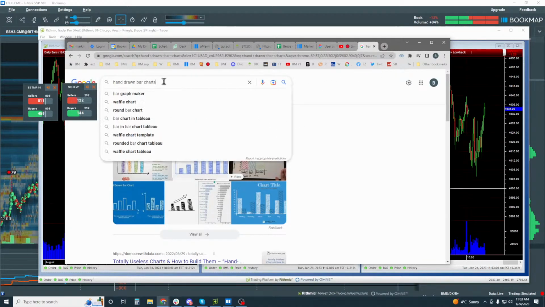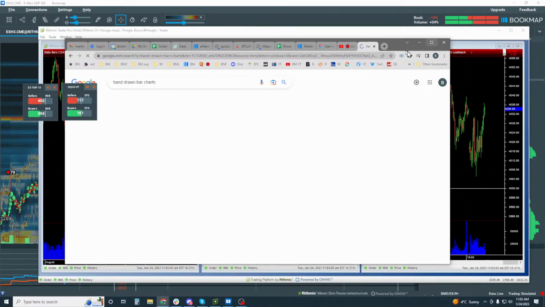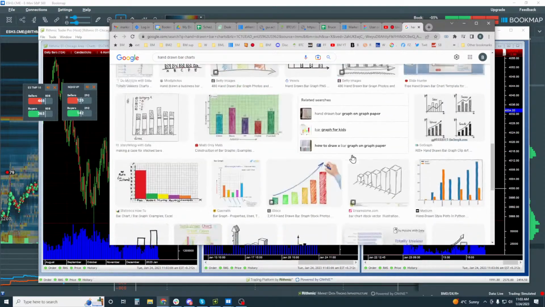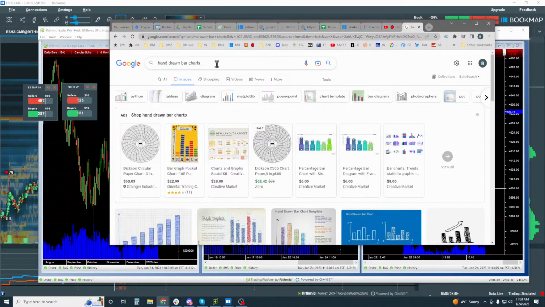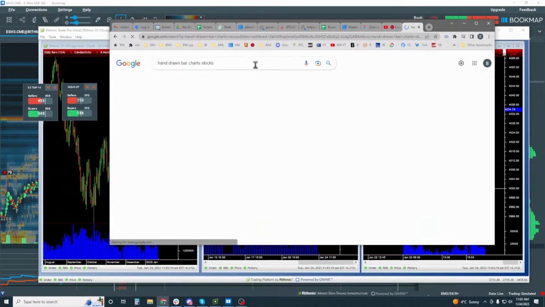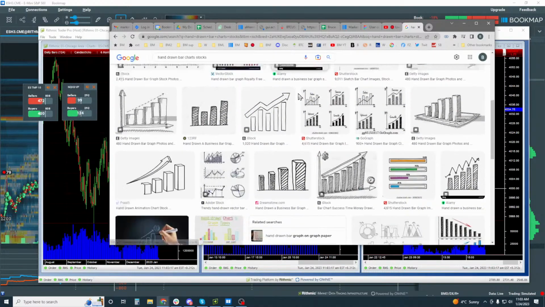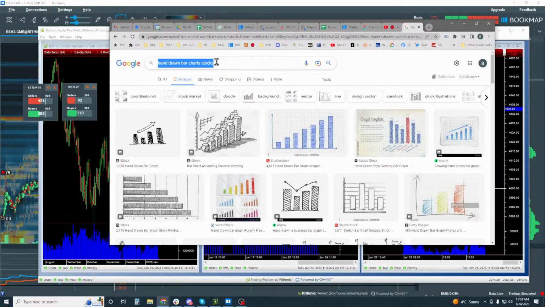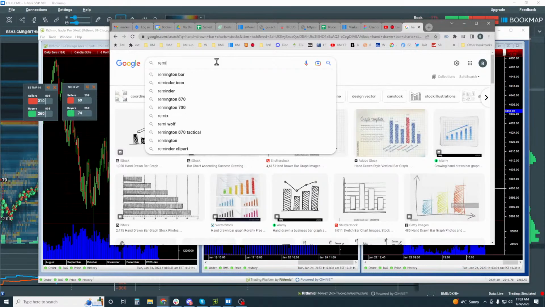No, this is going the wrong direction. All right, let's try it with stocks. Still going the wrong direction. All right, let's try it with, all you have to do is look at Reminiscences of a Stock Operator or something like that.